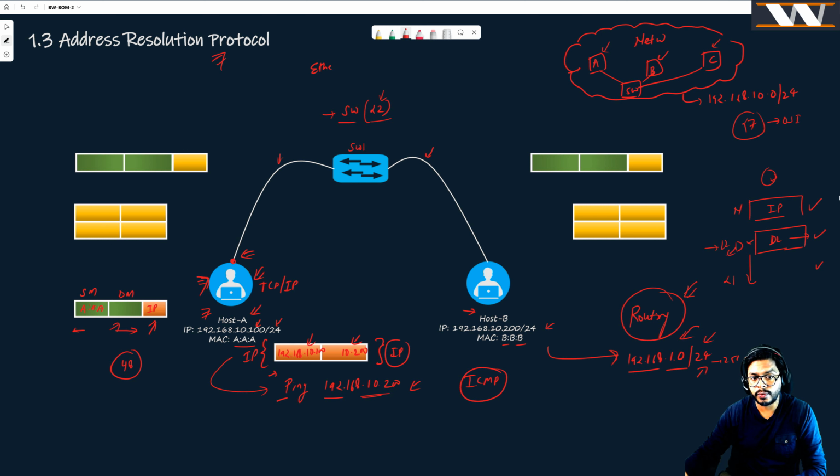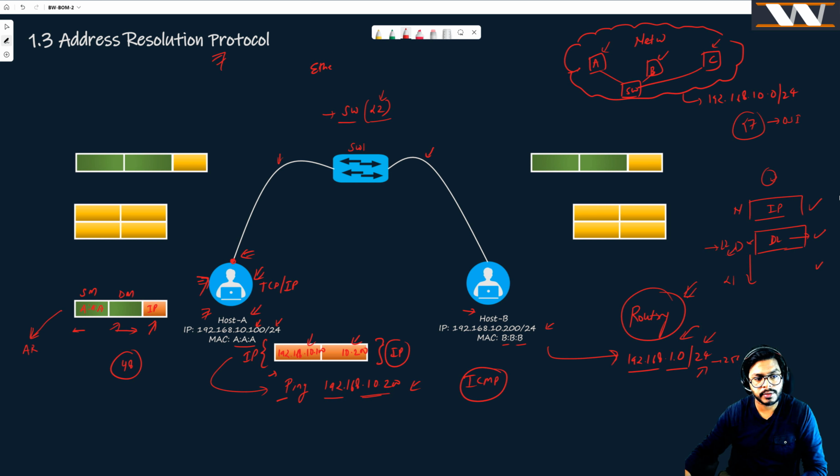This host knows that it has initiated a ping to a host whose destination address is part of its own network, so it can safely assume the destination is nearby and easily find out the destination MAC address. The destination MAC address is discovered by a protocol named Address Resolution Protocol.